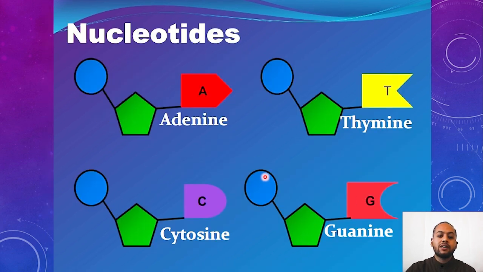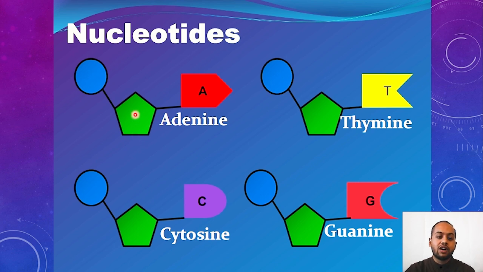Now, if you are looking at our nucleotides, we said it comprises the phosphate group, the sugar, and the nitrogenous base. Now, specifically because we are looking at a DNA molecule, you need to remember the following. The type of sugar that we are looking at here will be deoxyribose sugar. So the type of sugar in the DNA molecule is referred to as deoxyribose sugar.